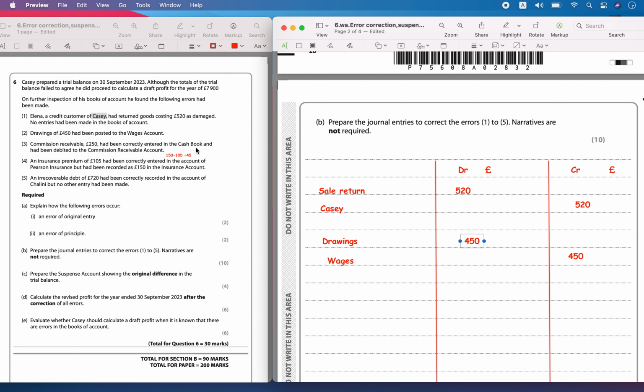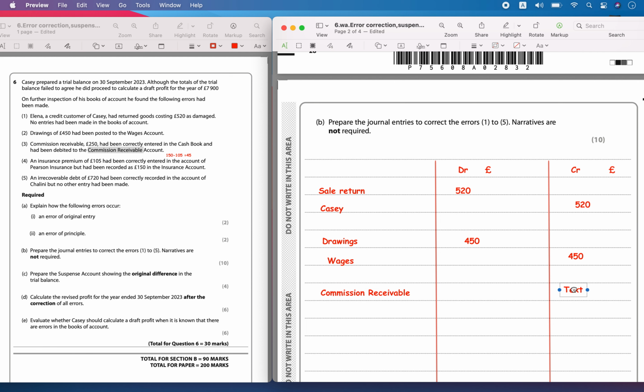Then a commission receivable of 250 had been correctly entered in the cash book and had been debited to the commission receivable account. Commission receivable account is an income account. So now it has been entered on the debit side, and the credit entry has been reversed. So you will have to correct it properly. First you will have to remove the 250.